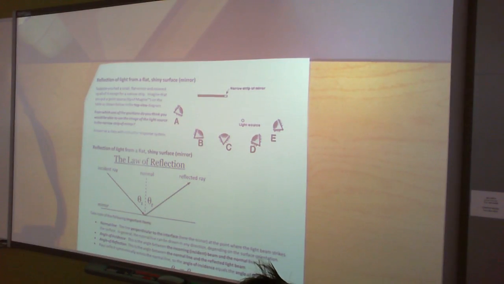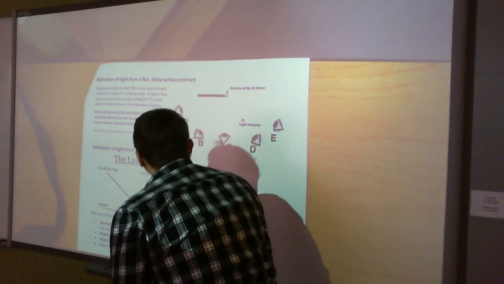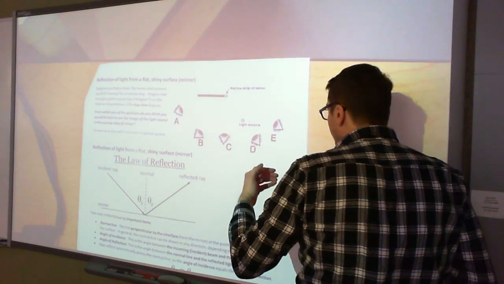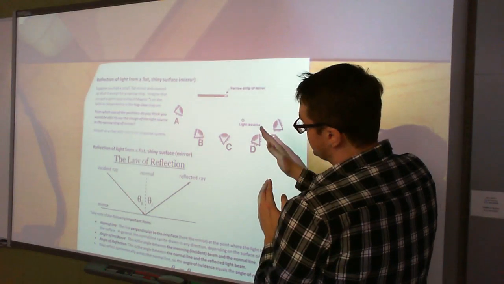So think about this. Say we had a flat mirror and part of the mirror was blocked off so that we only had a strip of mirror visible.